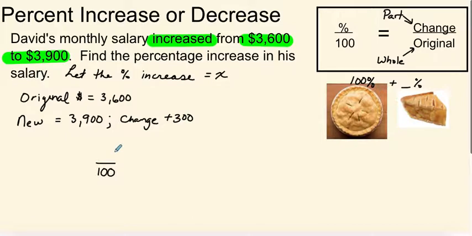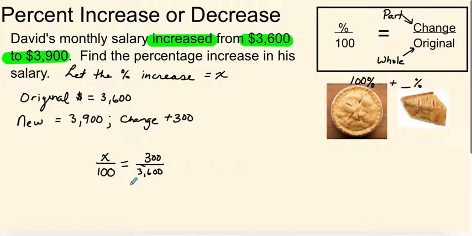And the percent increase, or how it's changing on the percentage side, I've defined as X. It's equal to the original, or the whole that I started out with, which is 3,600. And the change, or the part that's different, is that it increased by $300.